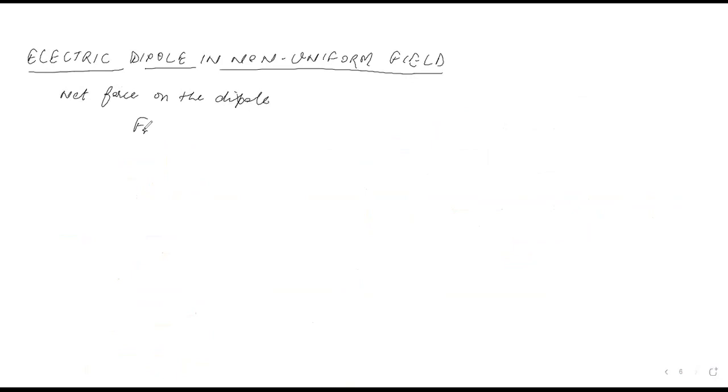F net will be F1 minus F2 when F1 is greater than F2. Are you clear or not? Yes, sir. If F2 is greater than F1, then we can write F net is equal to F2 minus F1. Are you understand it or not?